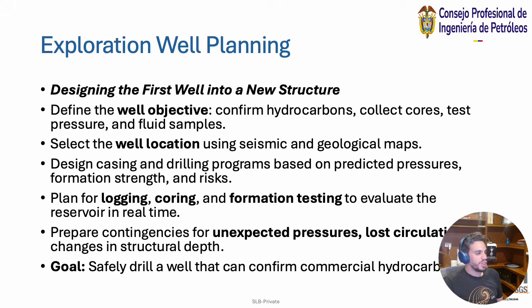We can drill and produce hydrocarbons. Sometimes you want to collect core samples because, like we said, core samples will tell us about the porosity and properties of the rock. We can test the pressure, through pressure transient testing, and we can take some fluid samples. So this is our first time getting real live data that we can use to know what's going to happen with respect to the life cycle of the reservoir.